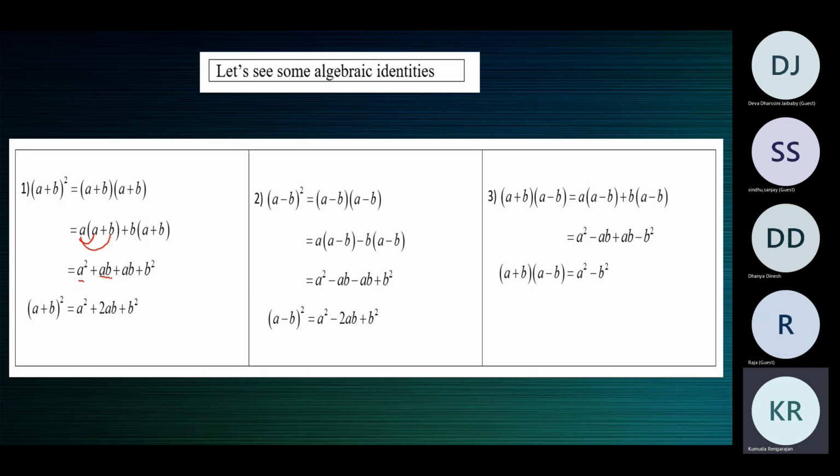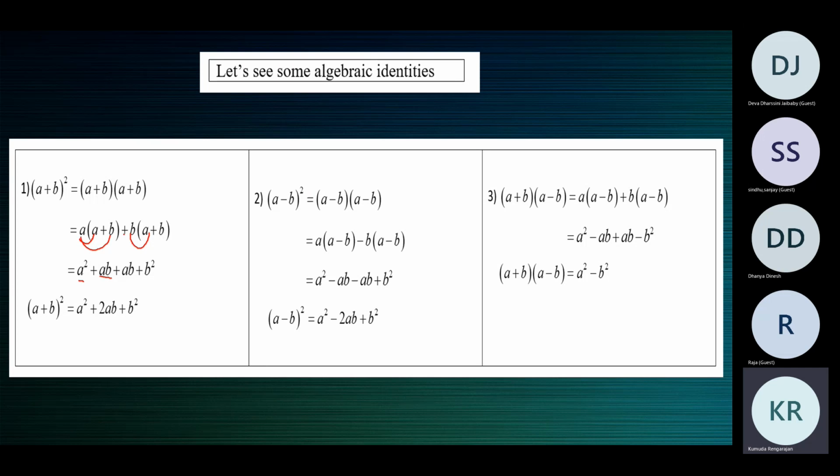Plus into plus is plus, A into B is AB. Next, you have to multiply B and A. B into A is BA or AB, any order. XY, YX, both are the same.